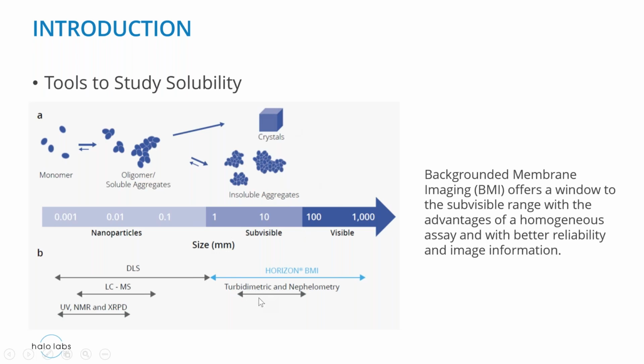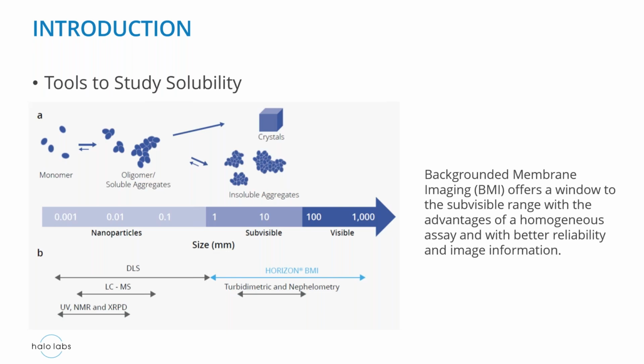Turbidimetry and nephelometry do cater at this level, but they are not sensitive enough, and they require a lot of your precious material, up to 150 microliters of your sample just for an N of 1.